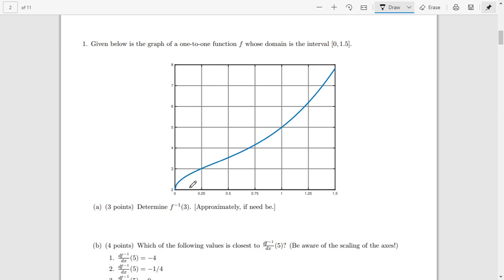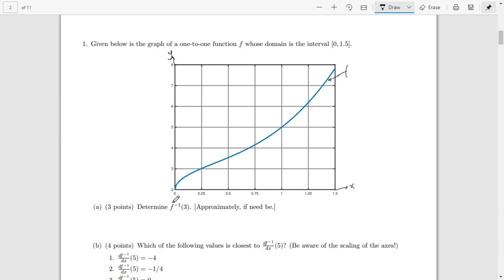Now recall that for the function f, which is shown by this graph here, the x-axis is the domain and the y-axis is the range.